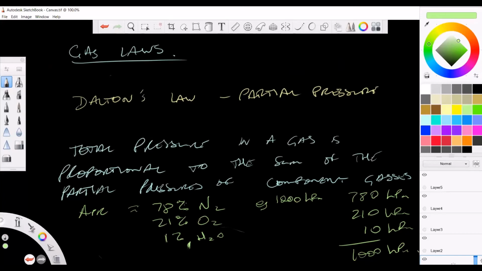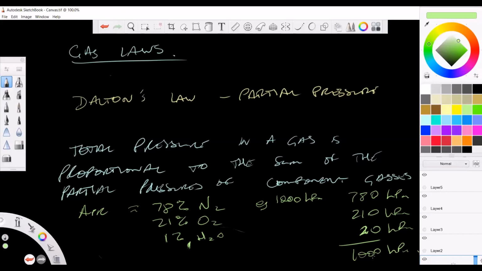It has implications for things like if I increase the humidity. Let's say I double the humidity. Well, that extra 10 hectopascals would make 1,010.